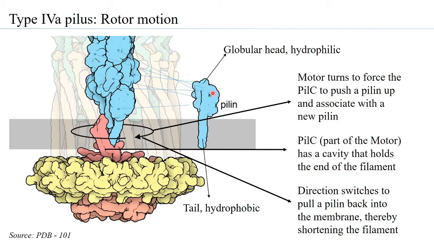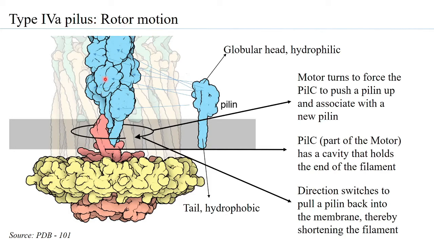So the globular heads of the pilin help the pilus interact with the aqueous environment, and the hydrophobic interactions stabilize the filament. Thereby the structure of the pilin contributes to the entire group of pilin coming together to form one pilus.